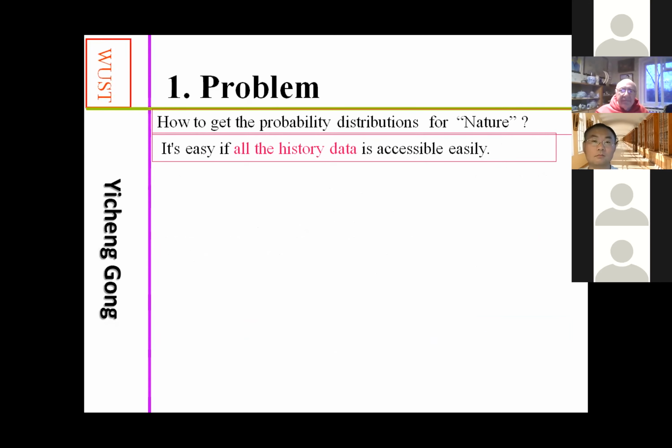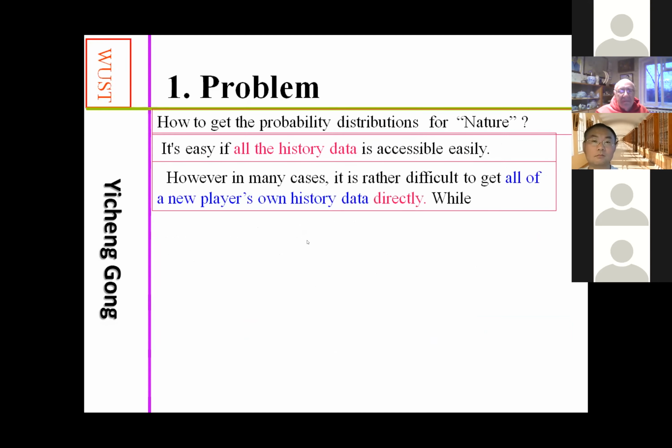Okay, if all the history data is accessible easily, it is easy to get the probability distribution. However, in many cases, it is rather difficult to get all of a new player's own history data directly.